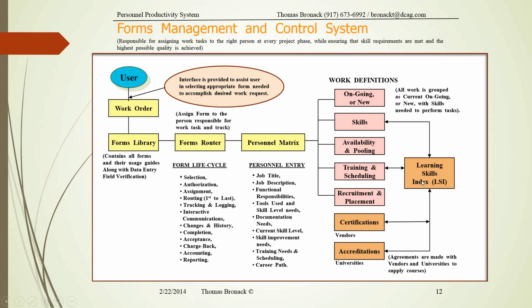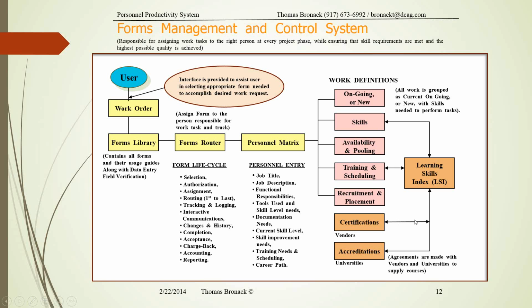All people should be filling out a learning skills index. That would list the skills they have and how good they are in each of the skills that they have. If a person has to be added to a project and the project requires somebody with intermediate skills and he's only a beginner, then he can be put through training to get the skills needed to become intermediate enough to satisfy the project needs.